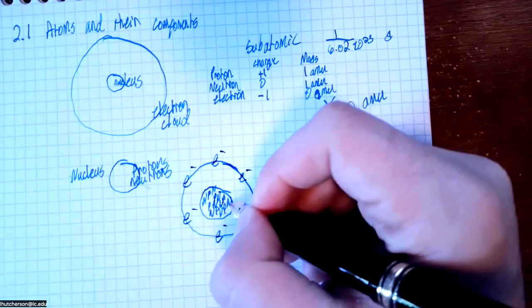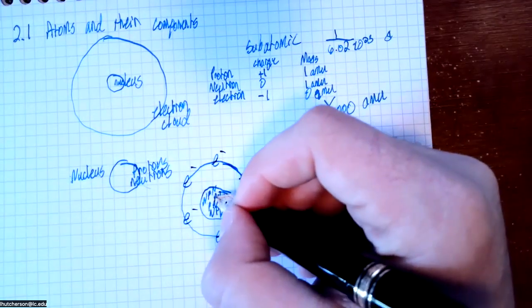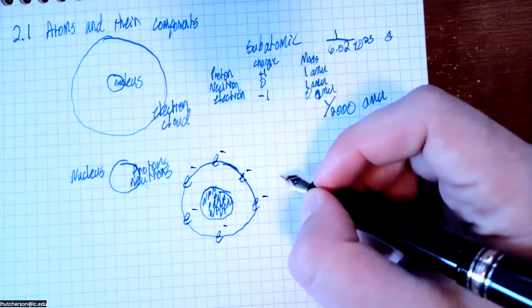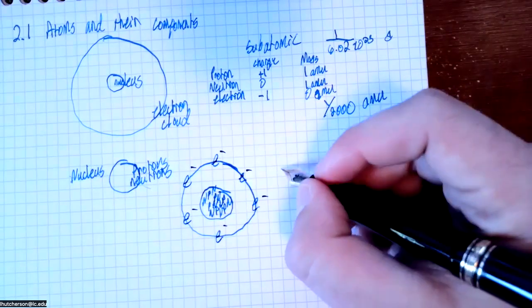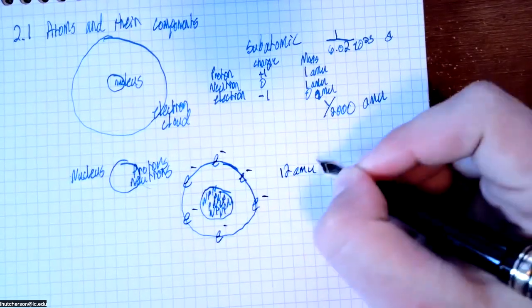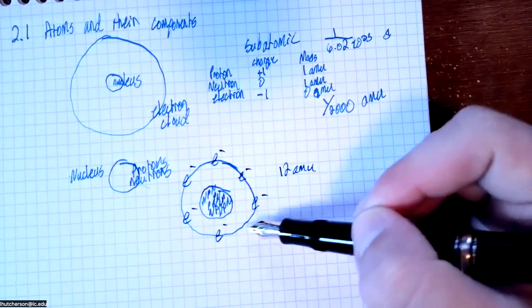All right, now let's look at this. In our nucleus, we have 6 protons and we have 6 neutrons. So our nucleus is going to have a mass of 12 AMUs. Each proton is 1 AMU, each neutron is 1 AMU.